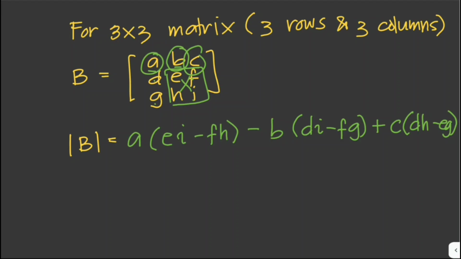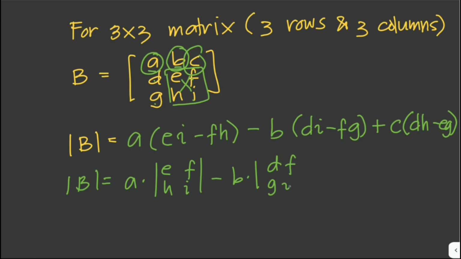Okay, and then you just have to sum them up, but you have to remember the minus in front of B. Or you can just simply write this as A times the determinant of E, F, H, I minus B times D, F, G, I plus C times D, E, G, H. So this is the pattern on how to solve for the determinant for matrices 3 by 3, 4 by 4, and higher.